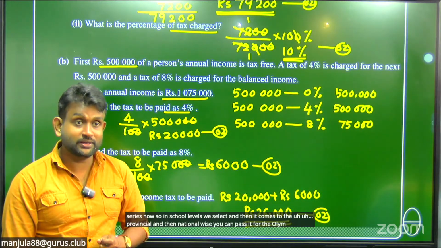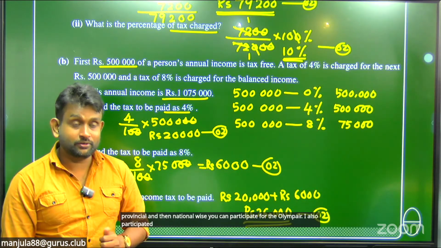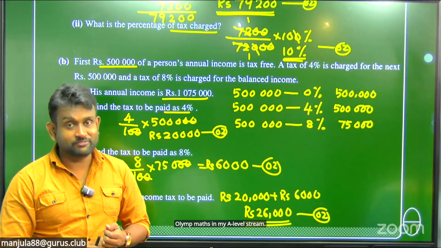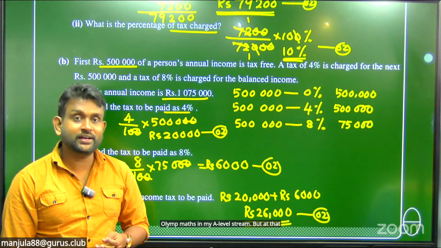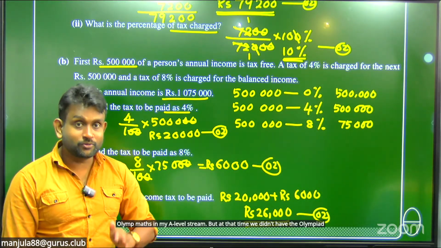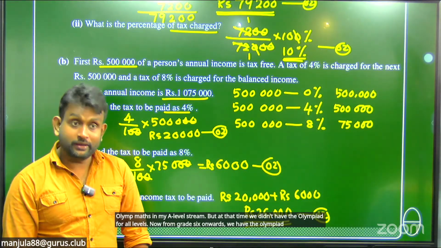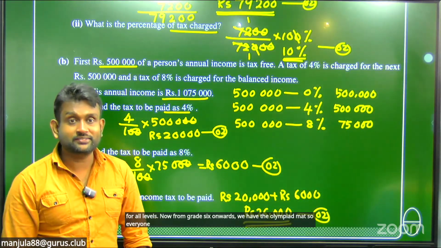I also participated in Olympiad maths in my A-level stream, but at that time we didn't have the Olympiad for O-levels. Now from grade 6 onwards we have the Olympiad maths. So everyone try for the Olympiad maths and try for those exams.